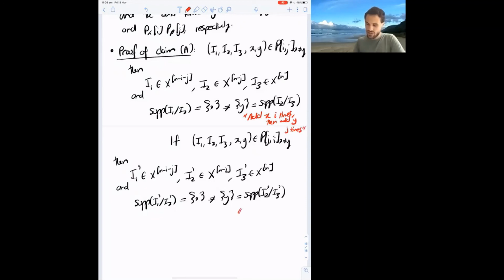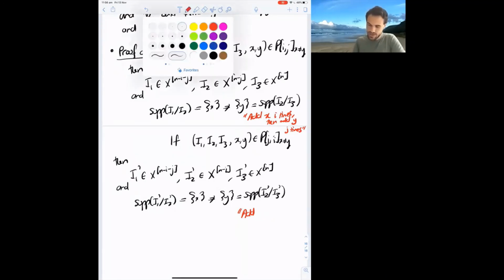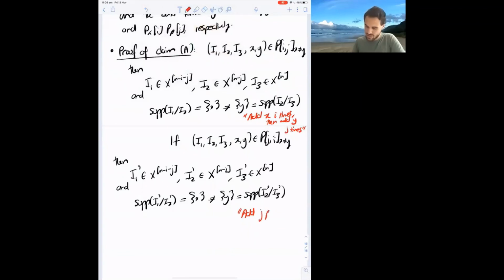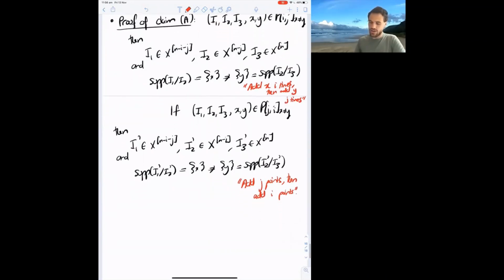Whereas over here, it's like we're adding Y J times. Sorry, no. I think that's what I wanted to say. So sorry. So we want to add J points, then add I points.